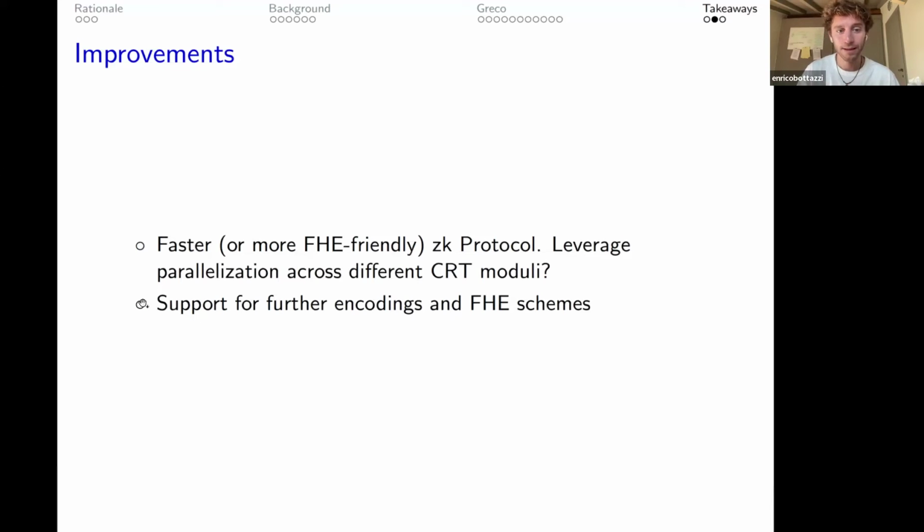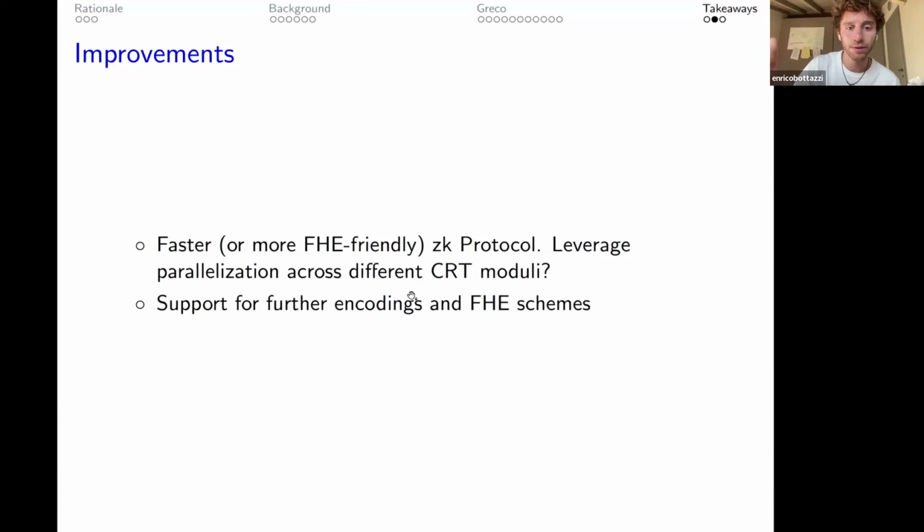And lastly, there's also room to support other encodings and other FHE schemes. I know that some people are interested in adding compatibility with other schemes, and there's someone who is now working on that, so we hope to have further support soon.